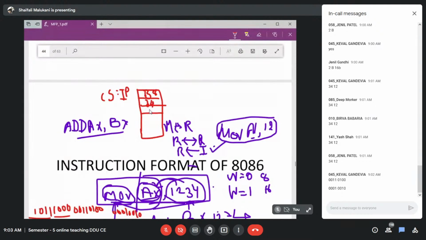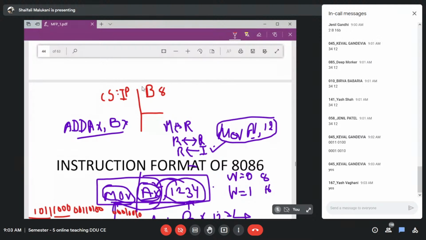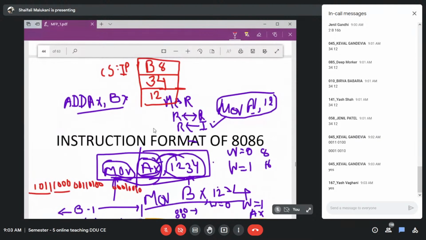Do you understand why it is B8? One location is B8, the second location will be 34, and then the next location will be 12. Okay, so this is how it is stored.